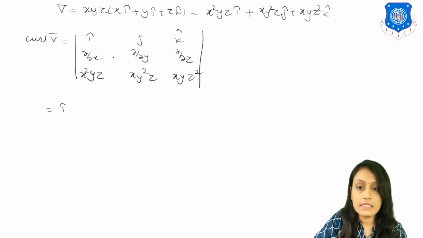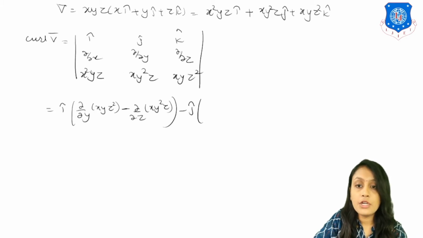So i cap as it is. Now using the determinant formula, what will we have? Del by del y of this term, that is xyz square, minus now this term, so del by del z of xy square z, minus j cap into what you will get?